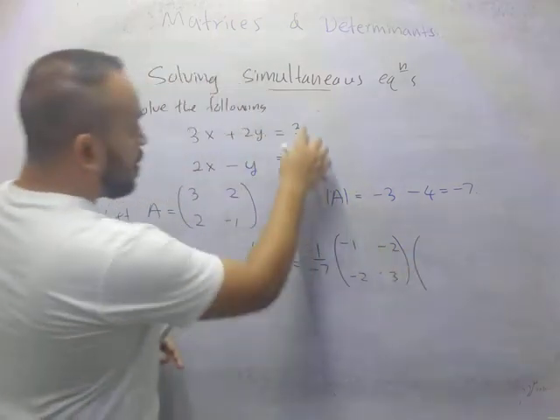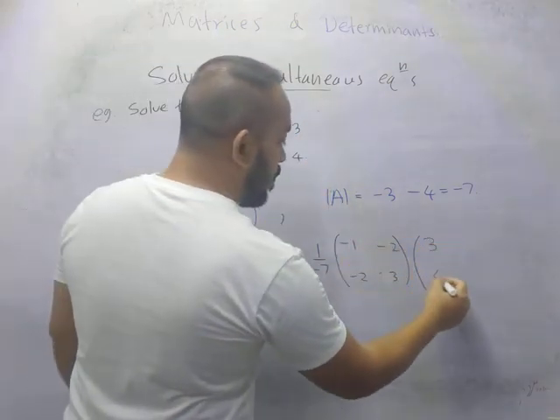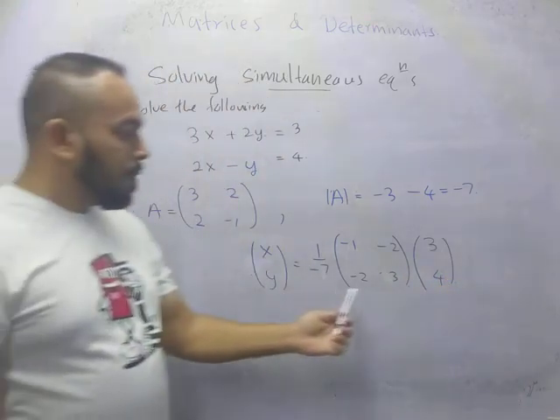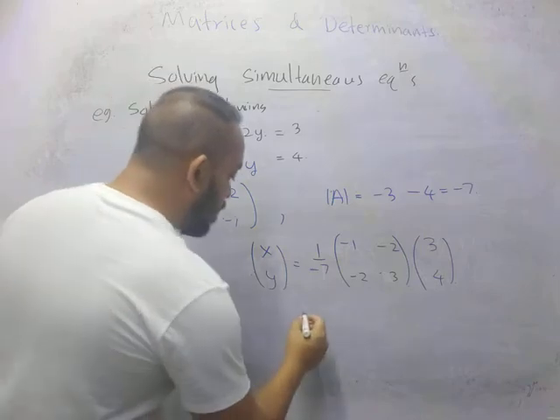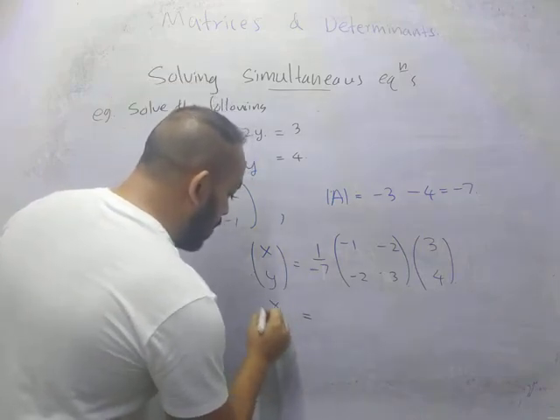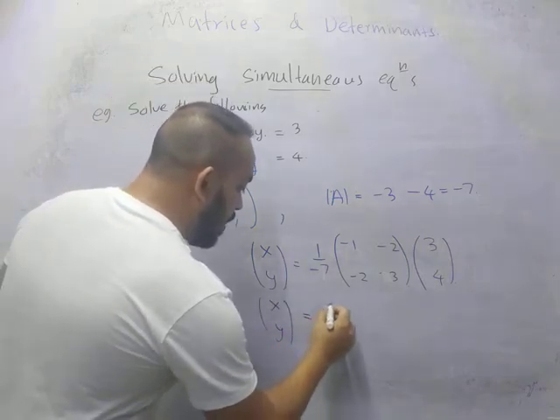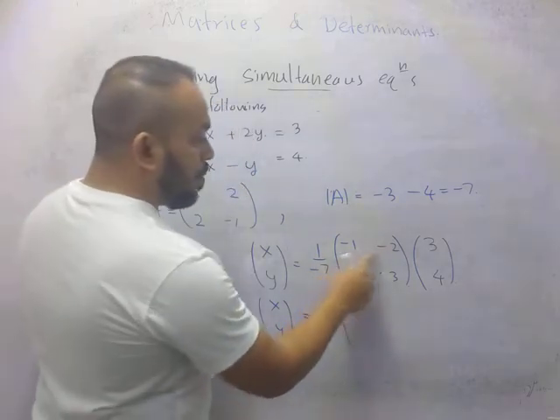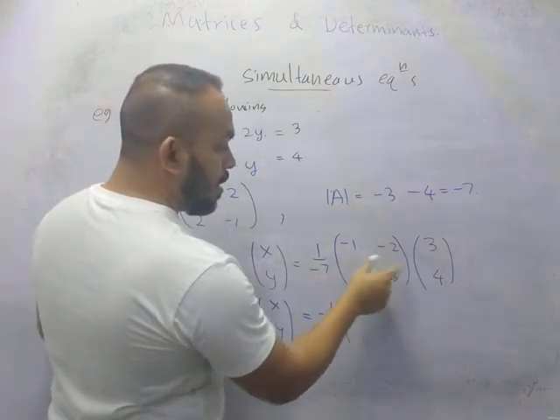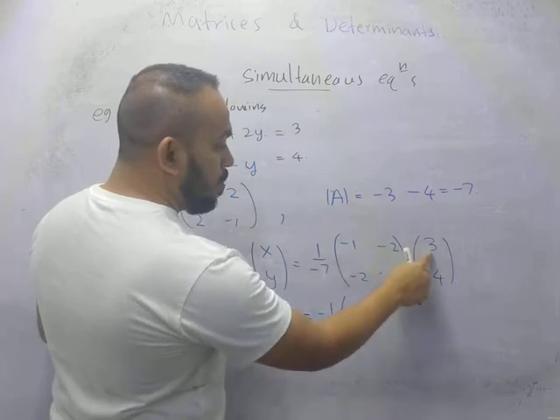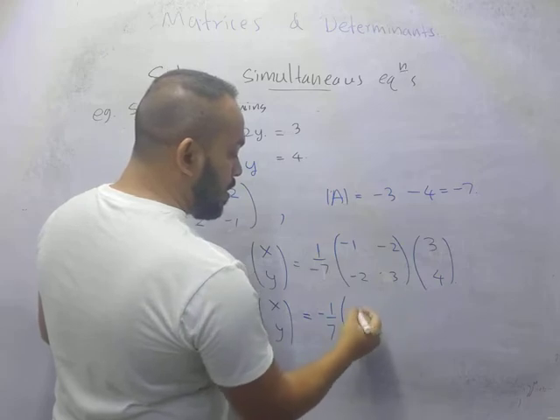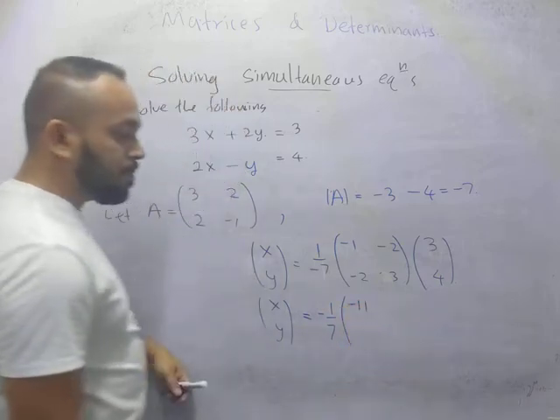Then 3, 4 is the matrix. Now we have a multiplication. That's fine. X, y equals minus 1 over 7. What do you get? Minus 1 into plus 3 is minus 3, then minus 8, minus 11.